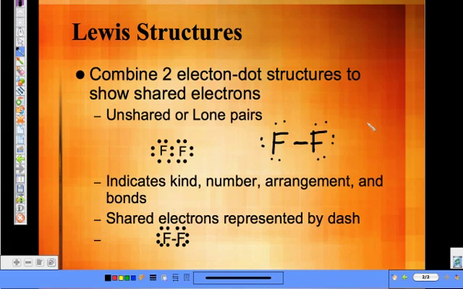This could also be drawn like this, and it would be the exact same thing, but you could draw it vertically. It doesn't matter. Make sure you do show the extra dots because those are the lone pairs of electrons. And then change that into a dash.